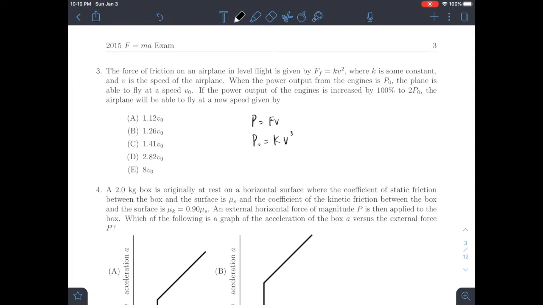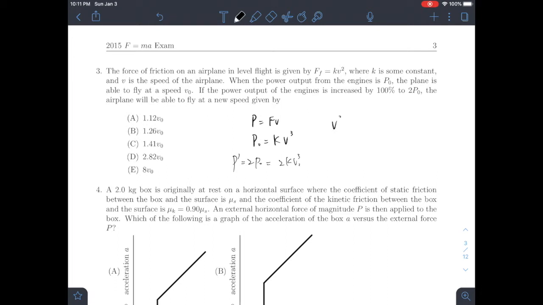So we know the power is equal to force times velocity, and plugging in kv squared, we have P naught equal to kv cubed. Then the new P prime is equal to 2P naught, which is equal to 2 times k times v cubed. Then we want to find the relationship between the initial velocity and the final velocity.